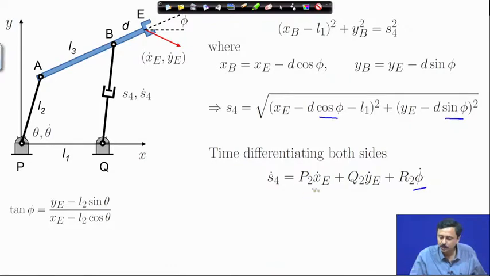So, these P2, Q2, R2 will be functions of xe, ye and phi, which specify the configuration of the manipulator. Okay, now, you can very easily write tan phi in terms of theta.